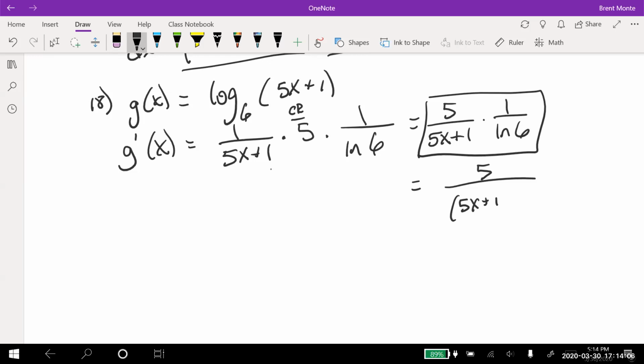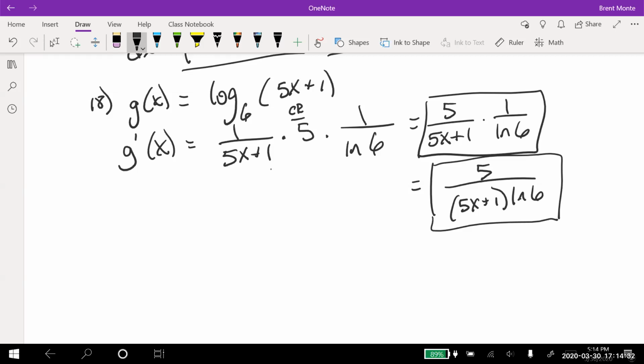We'll just leave it in the order it is. I like the top one better, but when you're looking at the answers in the back of the book, it may be the bottom one. They may consider that more simplified since we actually did that operation of multiplying the fractions together. Just realize you cannot cancel those 5s because of that plus 1 on the bottom.